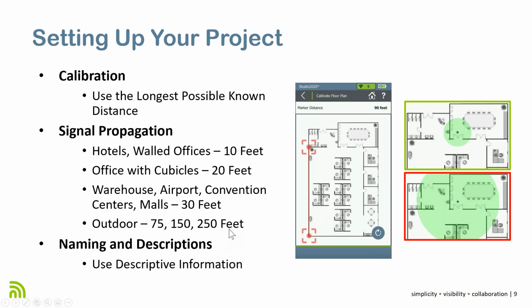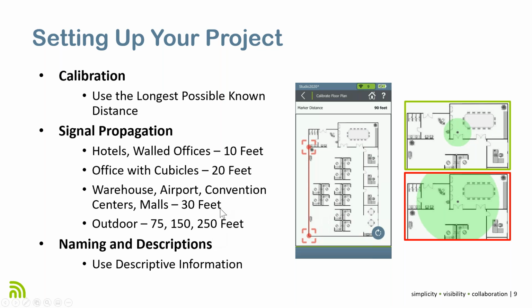And then maybe in a very open park where there's not a lot, in that case, hey, you can crank up the propagation. That way you don't have to collect so much data, because there's really not a lot of stuff out there to attenuate the signal as it flies through the air.